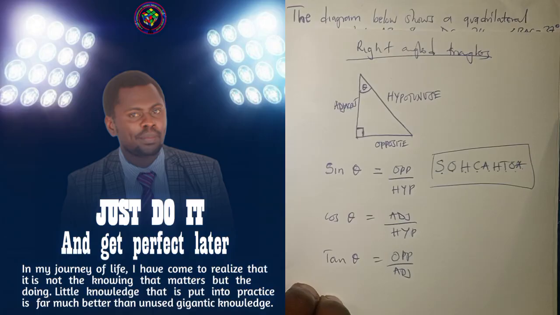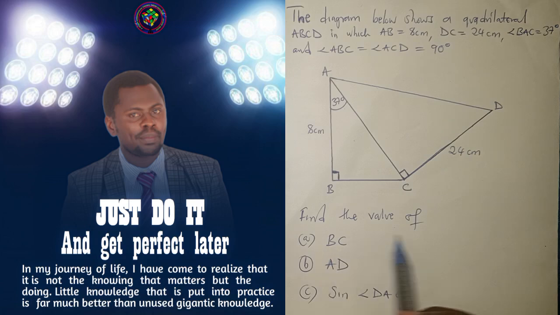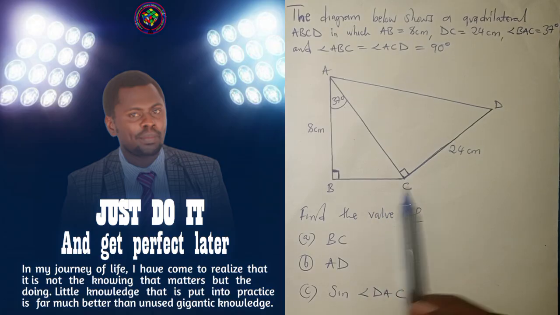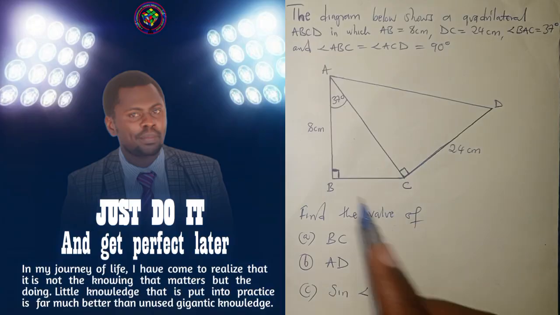Let us try to answer the following questions. So we have the diagram. What is the question? Find the value of BC. That is the length BC. We can see that this side BC has an angle which is opposite to it, so BC will be opposite.